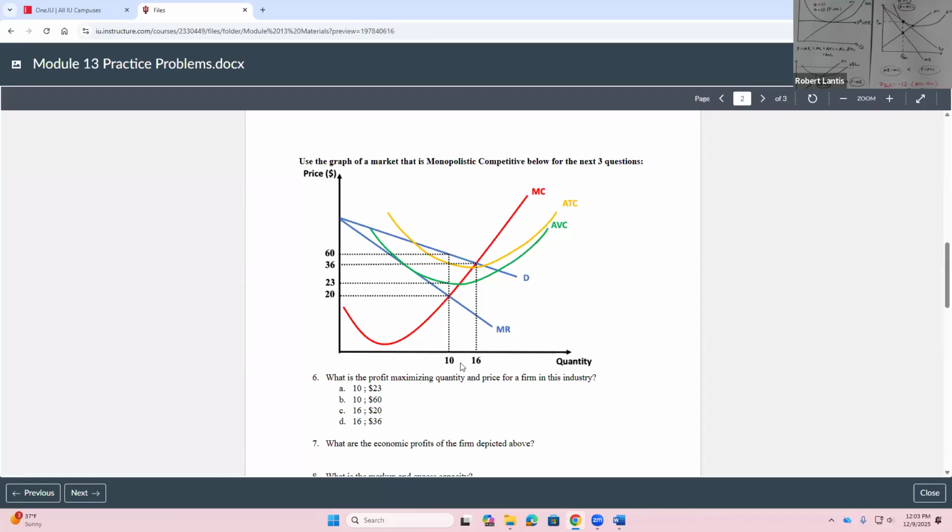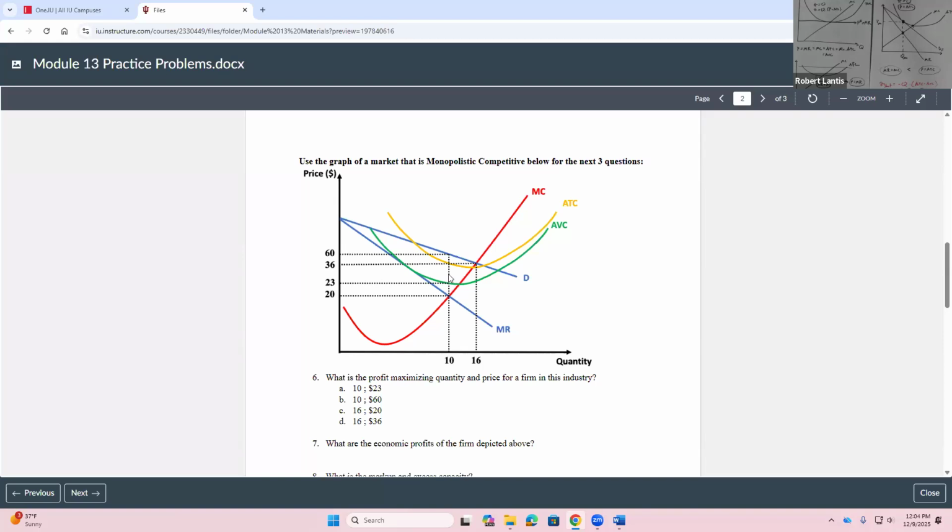Better. Anytime price is above average total cost, if I calculate profits if I stay open and calculate my profits if I shut down, those profits from staying open would always be higher. In fact, let's say that instead the demand curve was lower and the price was something like 30 here.